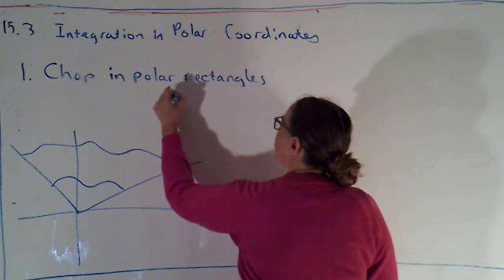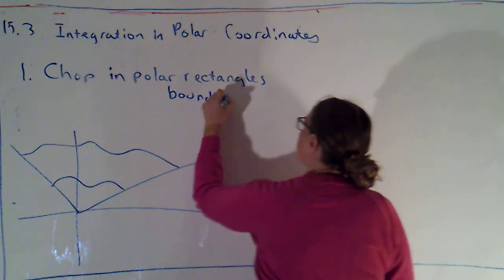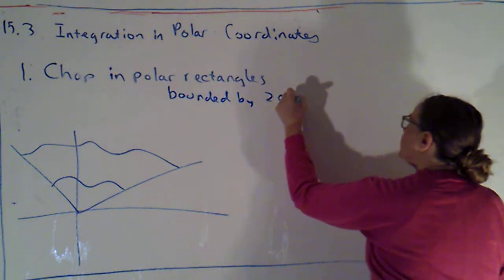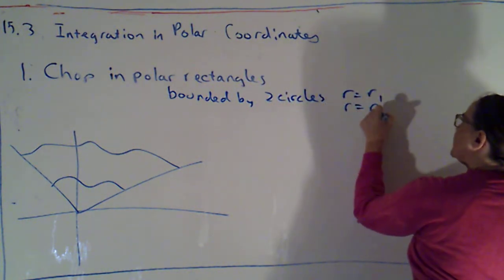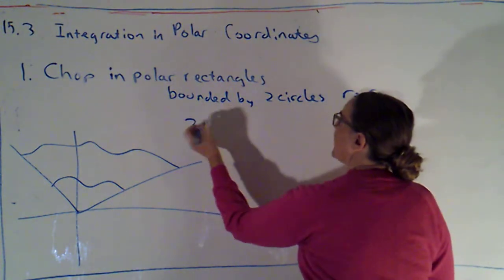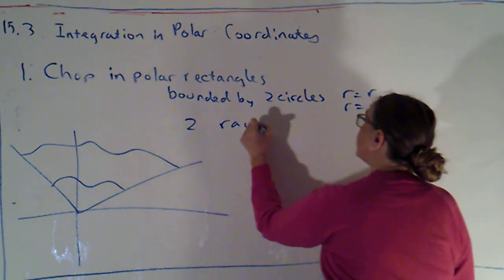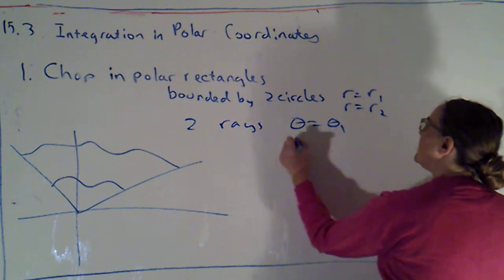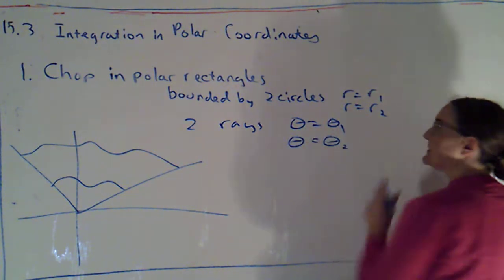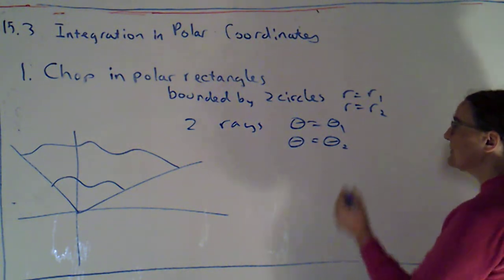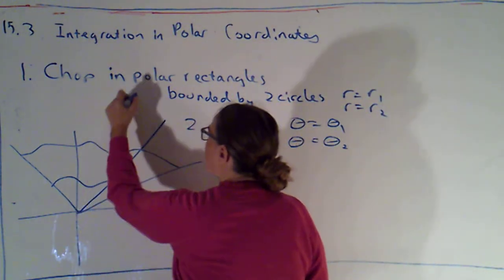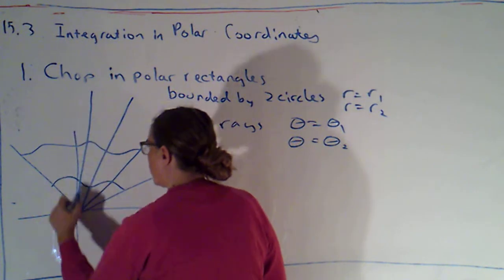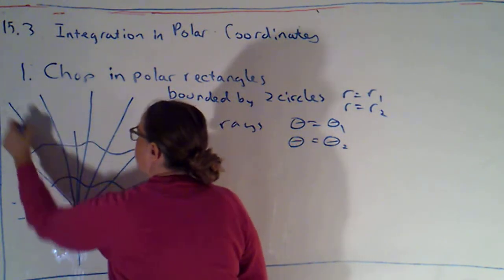So this is going to be bounded by 2 circles, r equals r1 and r equals r2, and 2 rays, theta equals theta1 and theta equals theta2. So I'm basically saying, okay, let's draw a bunch of constant theta rays here.